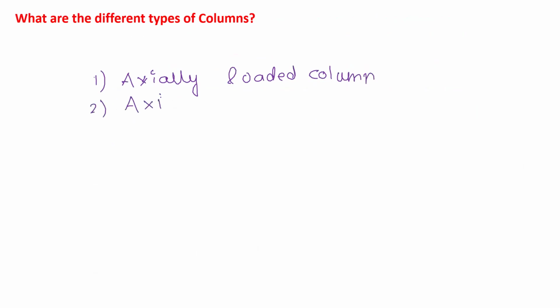What are the different types of column considering loading? Already you know we are with three types of columns, and we solved the problems. One is axially loaded column. Second, axial load plus uniaxial moment.